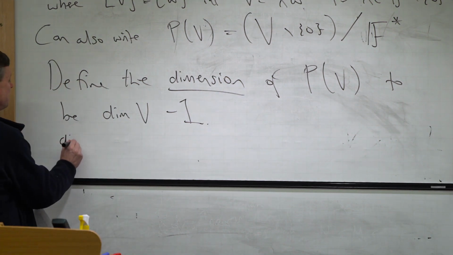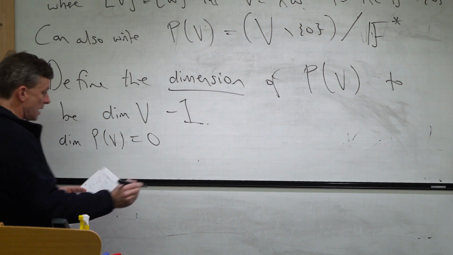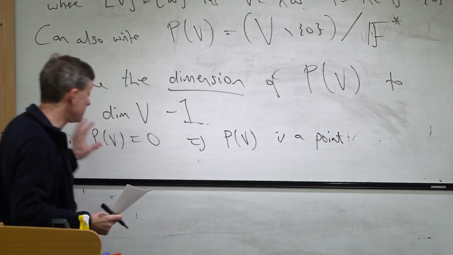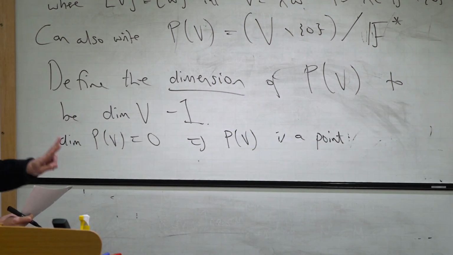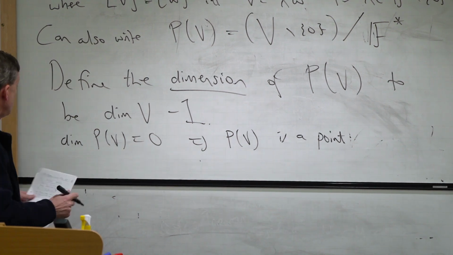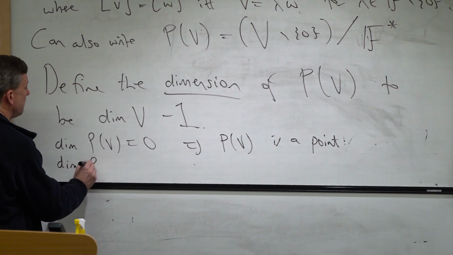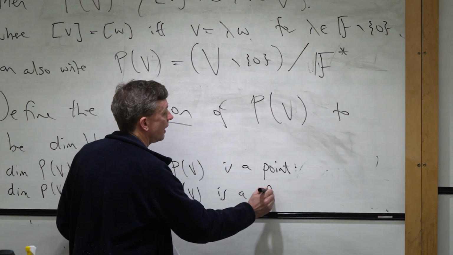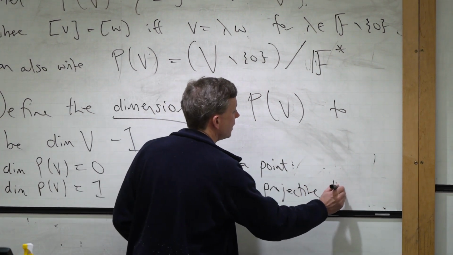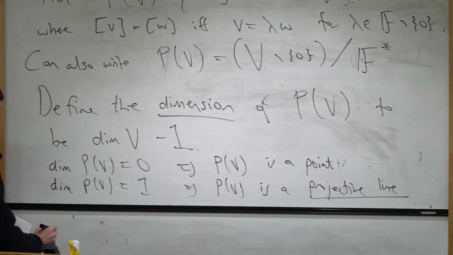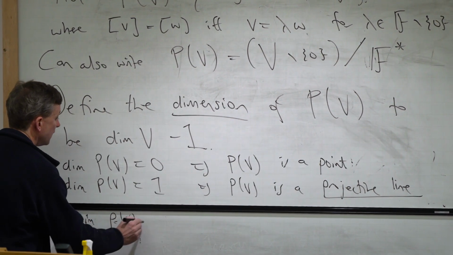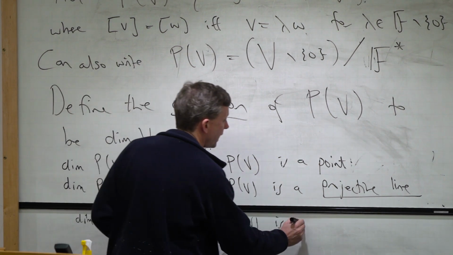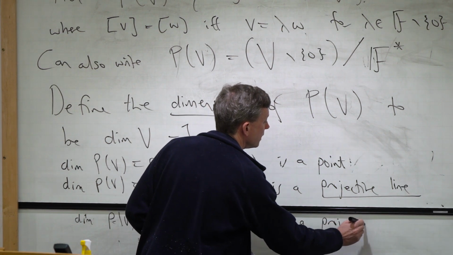So if dimension of P of V is 0, well, in that case, P of V is a point, because there is only one one-dimensional subspace of a one-dimensional vector space, which is the whole thing. If dimension of P of V is 1, then P of V is what's called a projective line. If dimension of P of V is 2, then P of V is a projective plane.